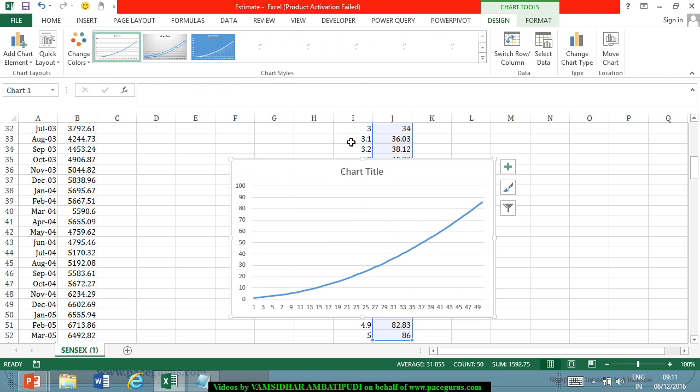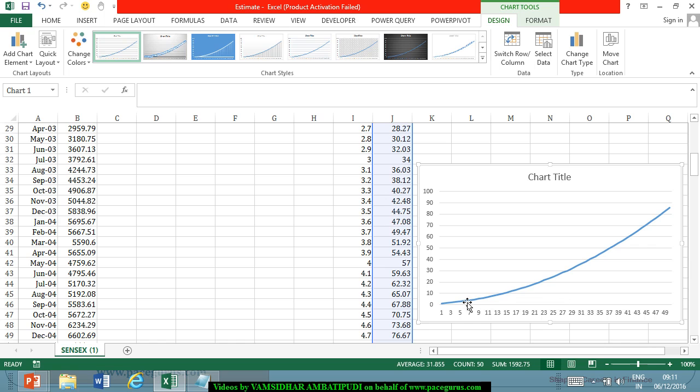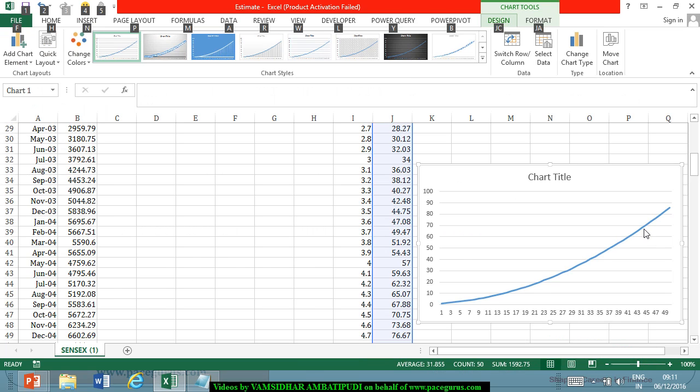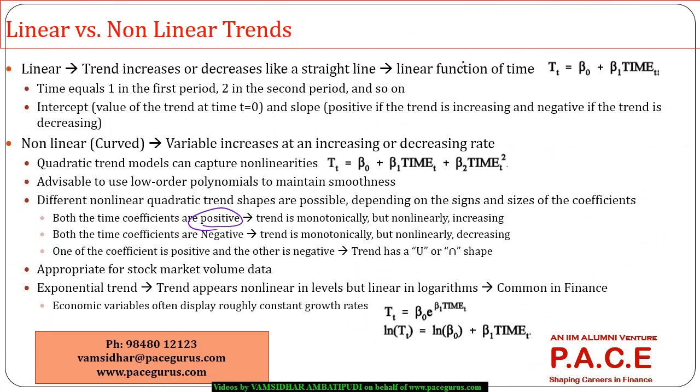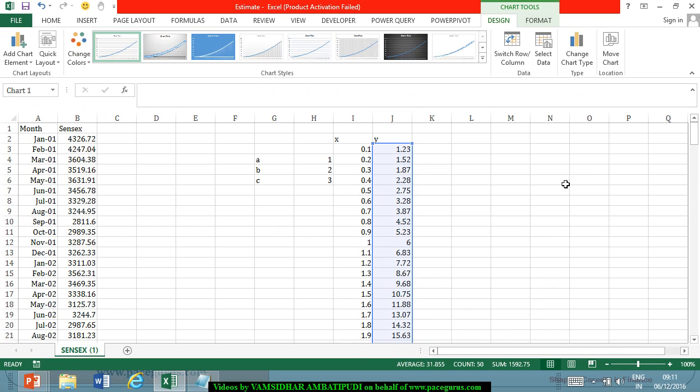It is like an increasing kind of a trend. You see the graph is not linearly going up, it is going up non-linearly. Trend is monotonically but non-linearly increasing when both the coefficients of time, bx and cx squared, b and c, both of them are positive.